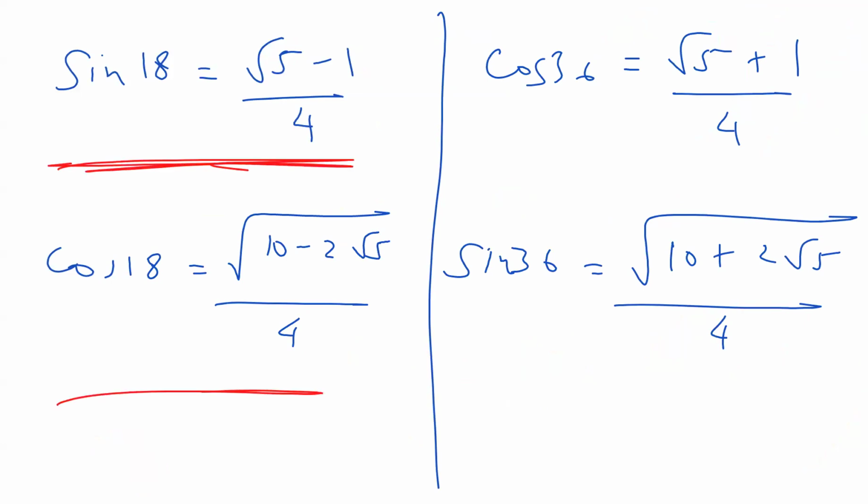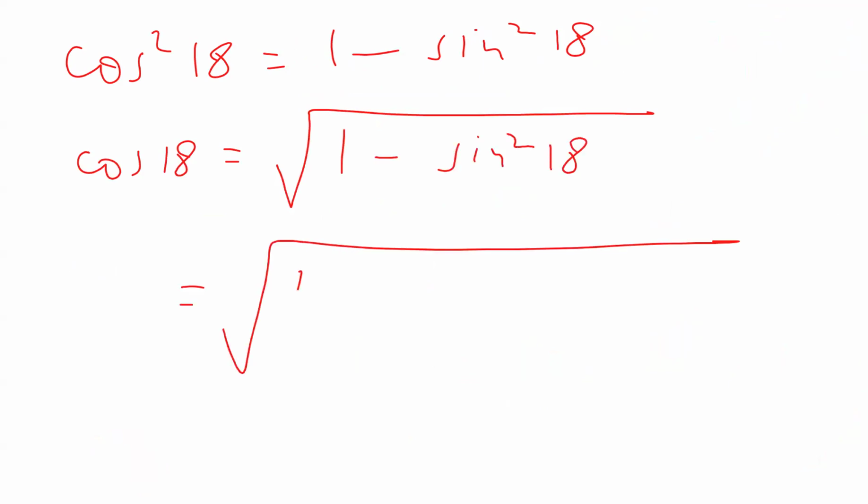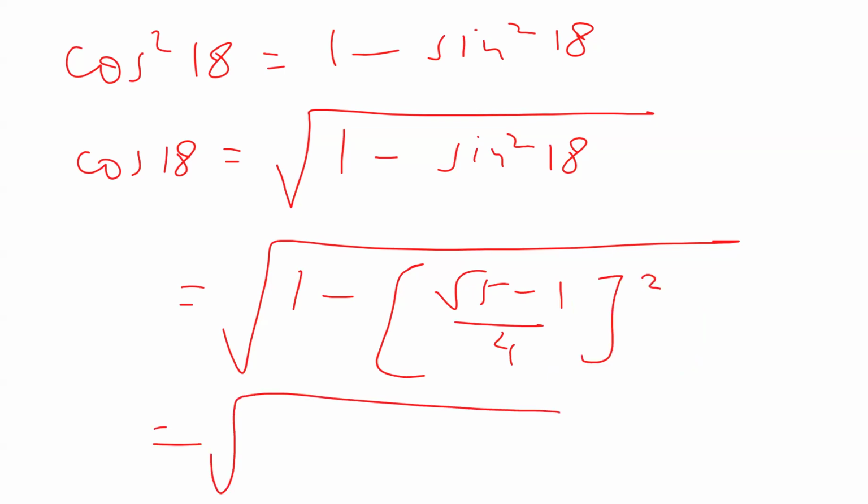Now cos 18. So cos square 18 is equal to 1 minus sine square 18, the fundamental identity. Root of 1 minus sine square 18. So 1 minus sine 18, which is root 5 minus 1 upon 4, the whole square.